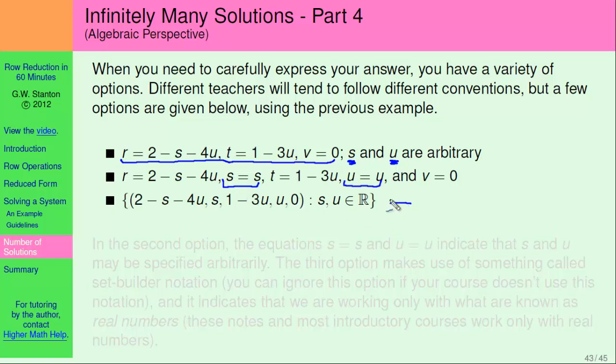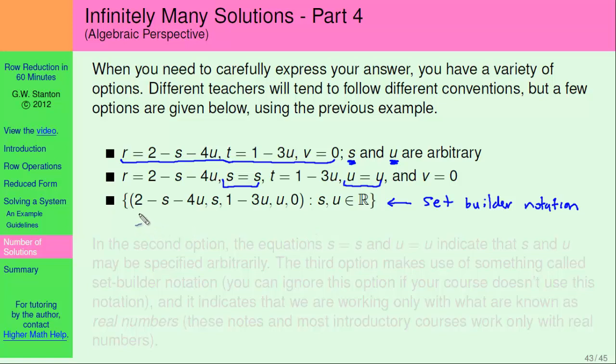The third option requires you to know something called set builder notation, and I won't get into the details here because it's not essential to understanding how to solve these systems. It's just that if your teacher wants you to know it, this is another way to write your answer.